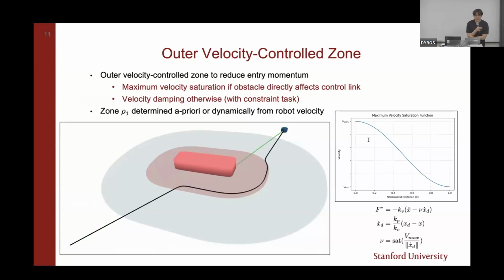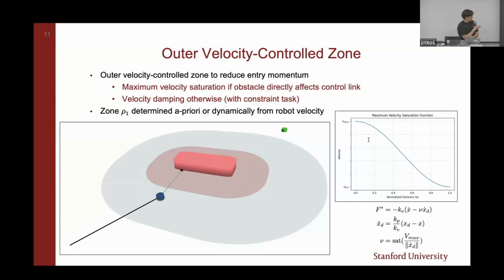The outer zone can be determined beforehand or dynamically based on the robot's approach velocity towards the obstacle. So if the velocity is extremely high, then rho 1 can be dynamically determined from that to be larger.